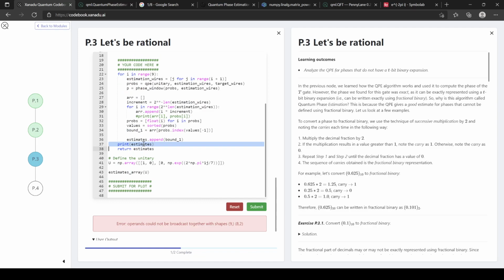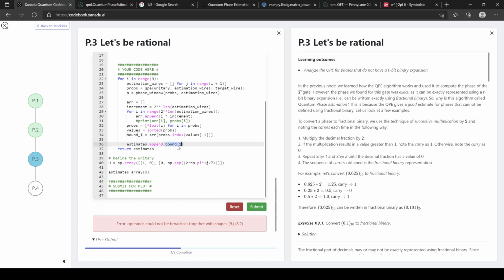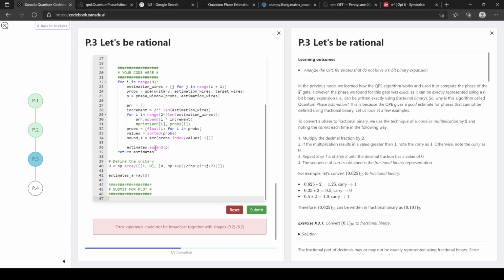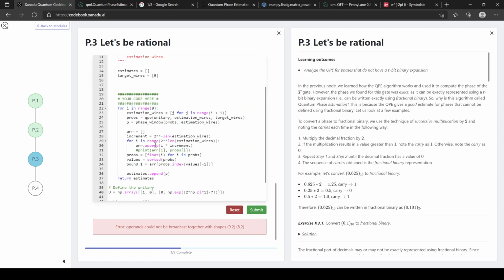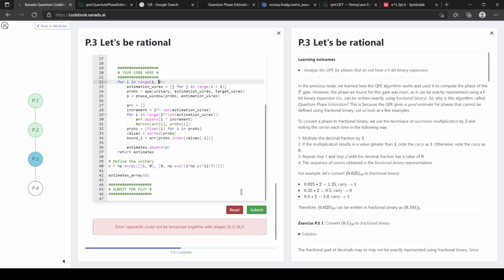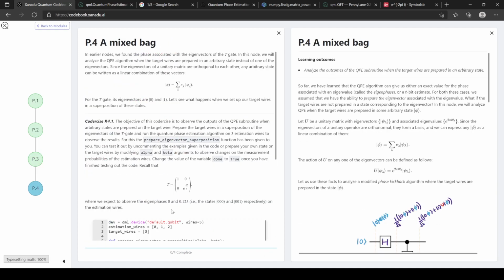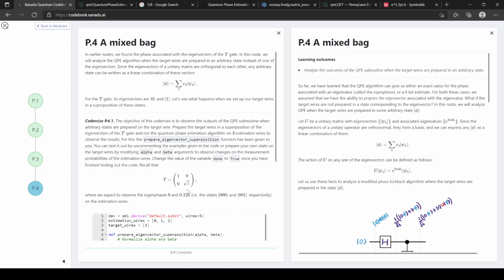Oh, maybe this does make sense then. Oh, I see. I bet this is what they want. What am I even looking at right now? What are these blue lines? Bound 1, bound 2. Okay. Well, it does label which is which, but I guess it doesn't matter. A mixed bag.